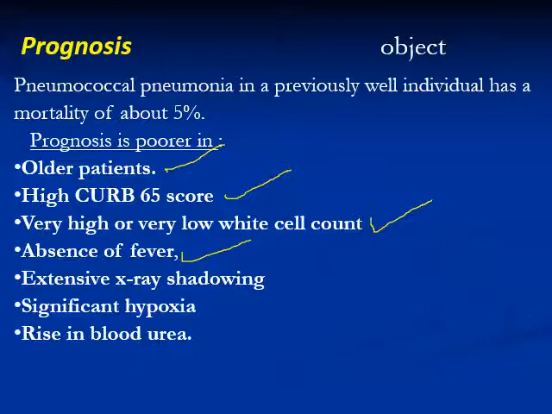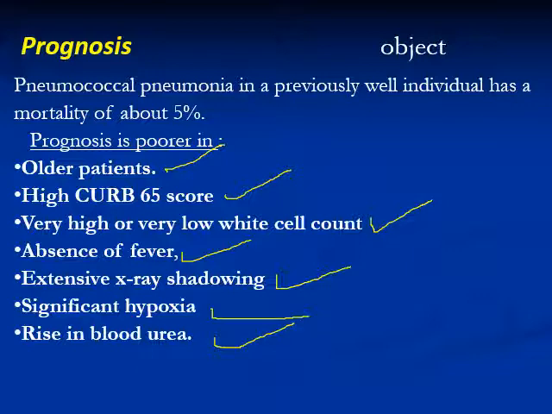By X-ray, extensive X-ray shadowing, involving more of the lung, is also a poor sign. Significant hypoxia, with SpO2 or PaO2 less than 60 despite oxygen, and a rise in blood urea are also poor prognostic points in a patient with pneumonia.